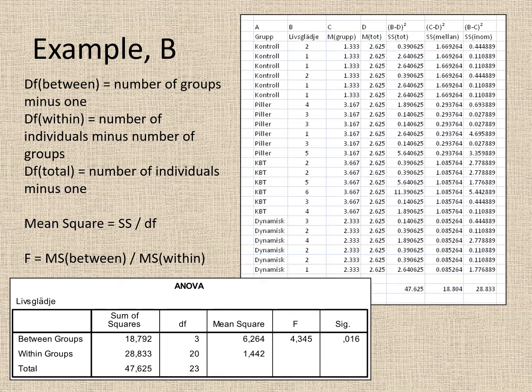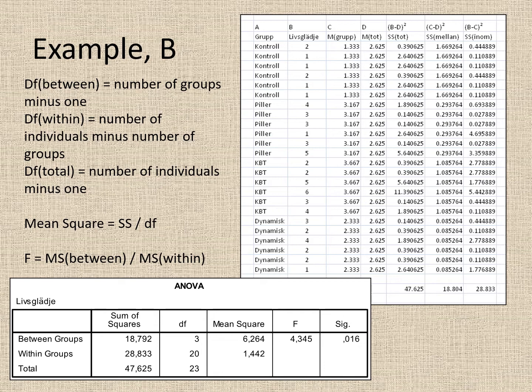If the populations have the same mean, we expect those to become roughly the same. So now we make a ratio of those. 6.3 divided by 1.4. We get the F ratio, 4.3. And we expect that to be roughly 1. That's the baseline here.